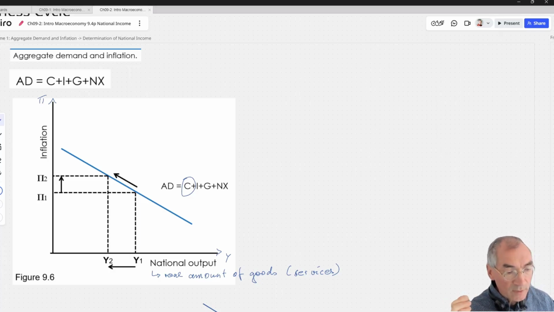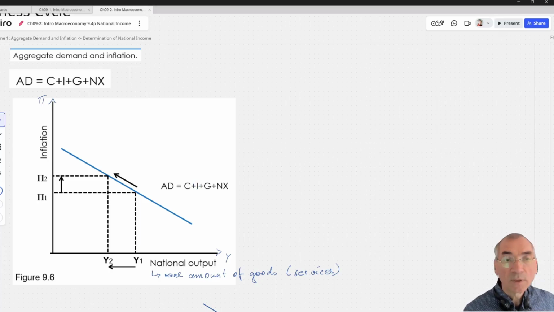The same holds, in fact, for investment of the firms, because at the end they have the same phenomenon. Building a new factory, buying a new machine is something where the firms have to spend money. And if the prices are higher, then in real terms less will be bought.